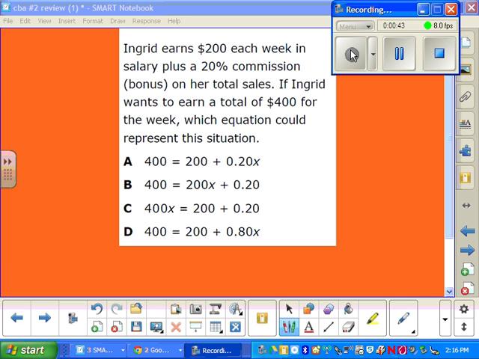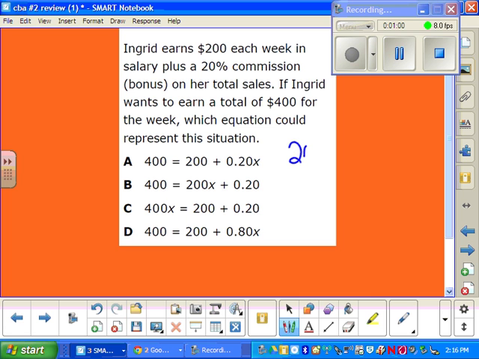Ingrid earns $200 each week in salary, plus a 20% commission on her sales, so that's bonus. If Ingrid wants to earn a total of $400 for the week, which equation could represent this situation? So we're trying to find an equation with all of this information that's given. We know that she makes 20% commission off of her total sales.